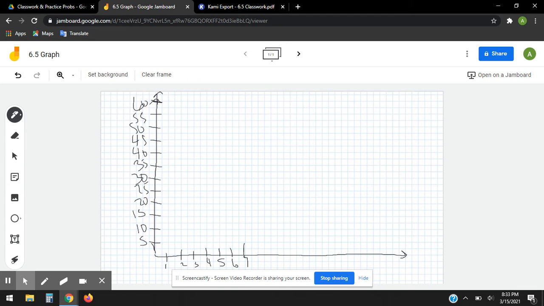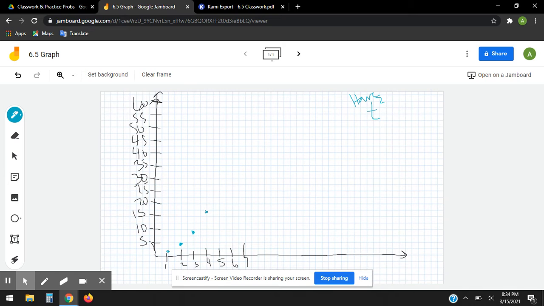Okay, so our first one was t squared, right? That was the hare. The hare was t squared. So 1 squared was 1, something down here. 2 squared was 4. 3 squared is 9. 4 squared is 16, so a little above 15. 5 squared is 25.